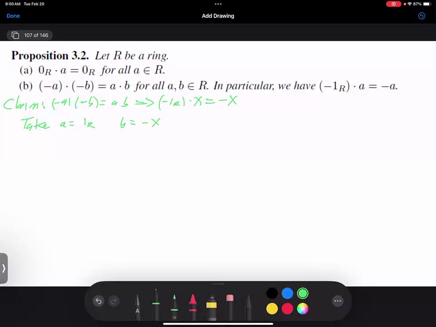Because what is the additive inverse of the additive inverse of X? The additive inverse of the additive inverse of X is X. Right? I'm not saying negative 1 times negative 1 is 1. I'm saying negative X means the additive inverse of X. And then I want to take the additive inverse of negative X. Well, that's X, because X plus negative X is 0.